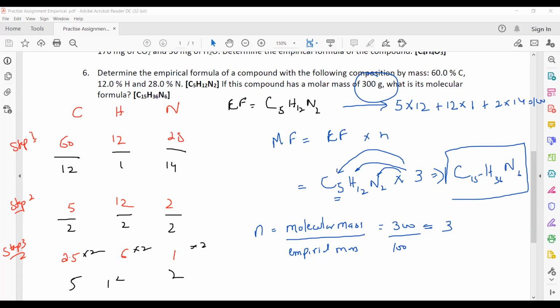Is it clear? So this is how we work out the molecular formula from the empirical formula.